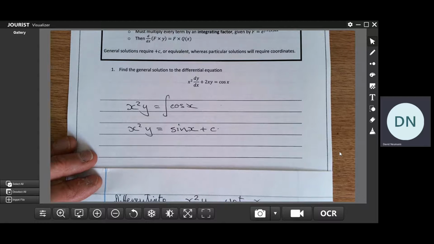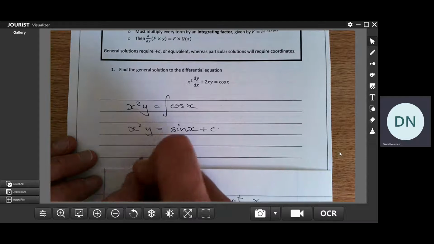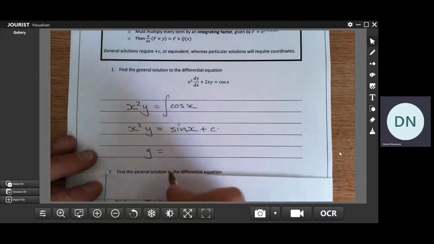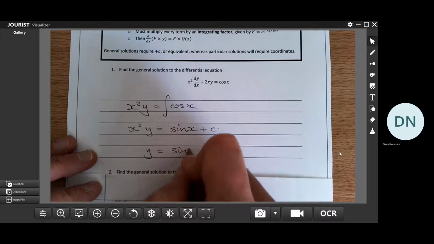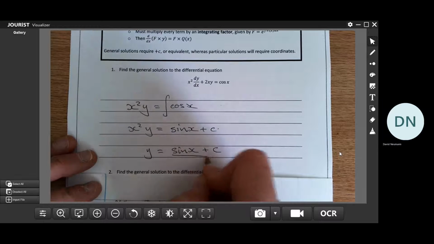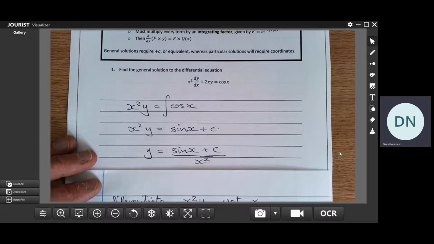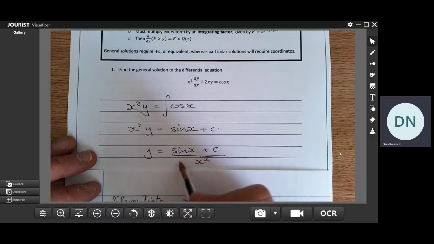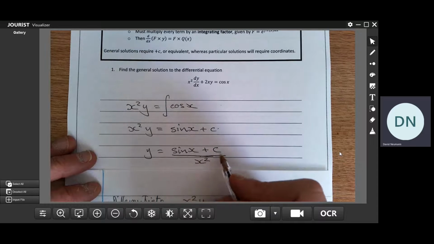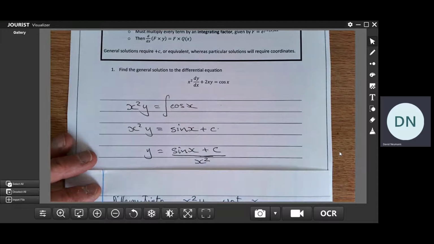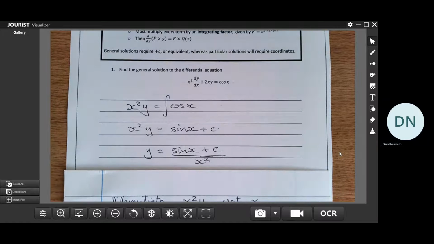And then usually we'd like to rearrange that into y equals, so that's going to be y equals sine x plus c over x squared, or we could write it as x to the minus 2 sine x plus c x to the minus 2. So that is using the product rule in reverse to solve a differential equation.